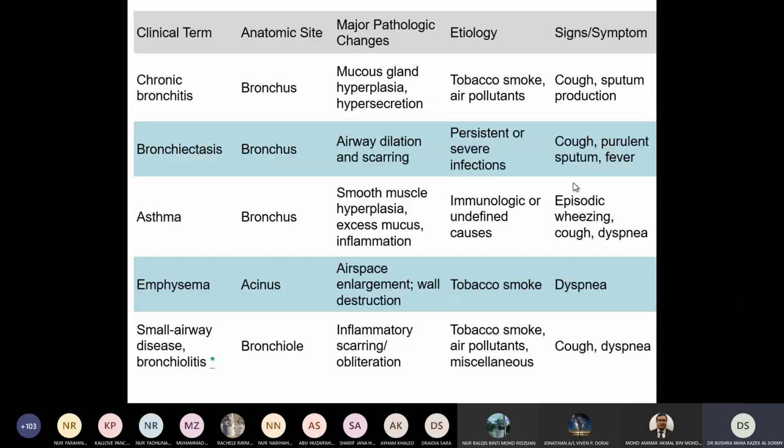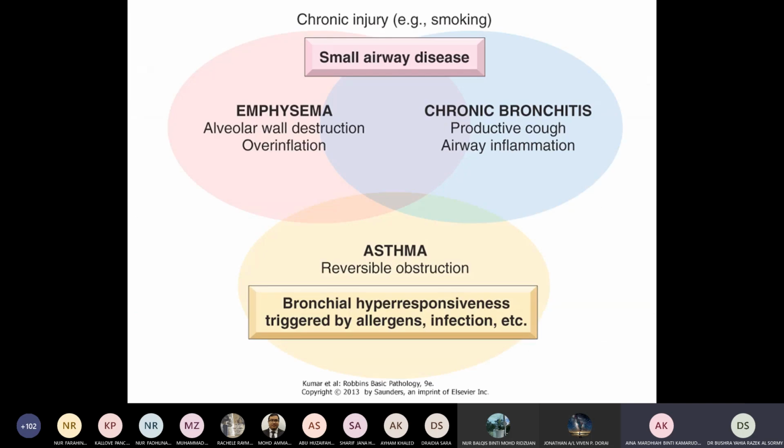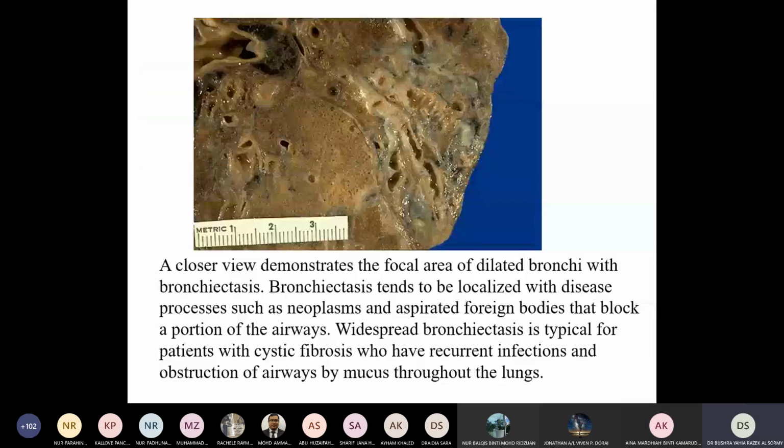Doctor, can you show again the dilatation of bronchi and bronchioles in bronchiectasis in the gross picture? Okay, see this one? Can you see the dilatation? This is the bronchial wall. Can you see the dilatation of bronchi?